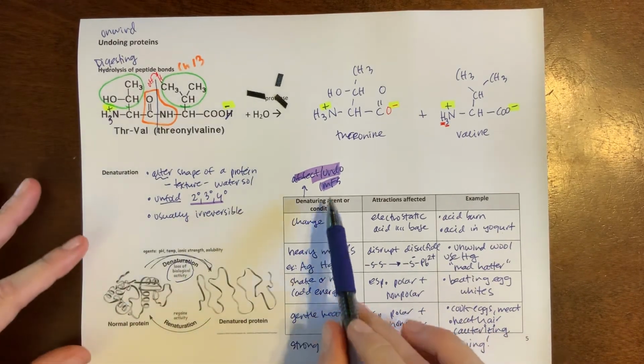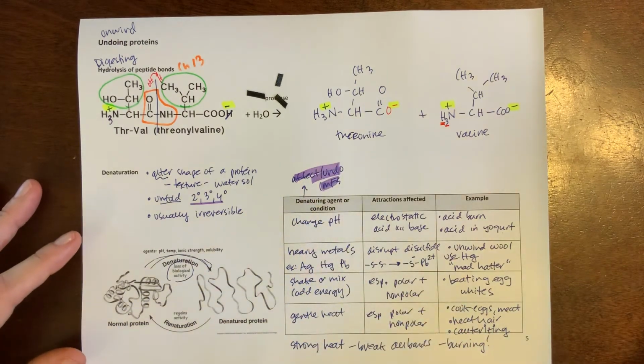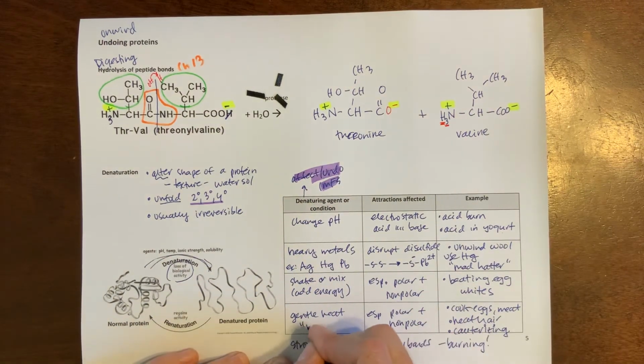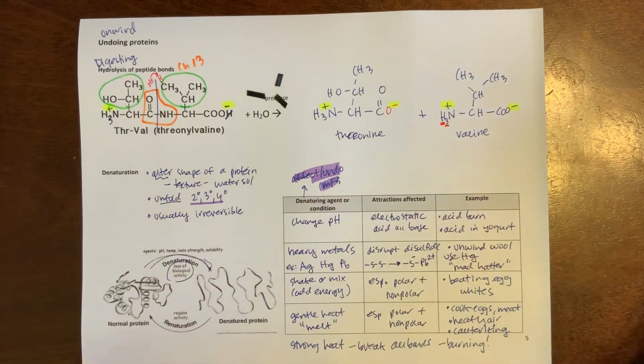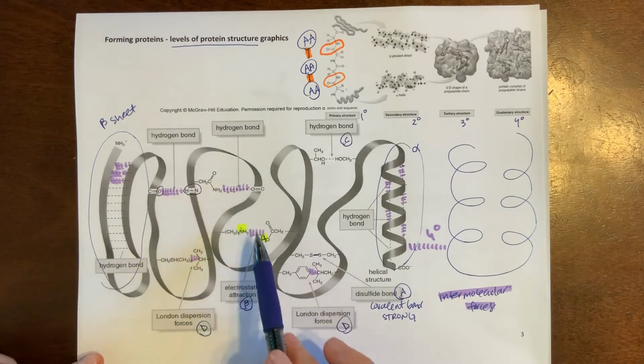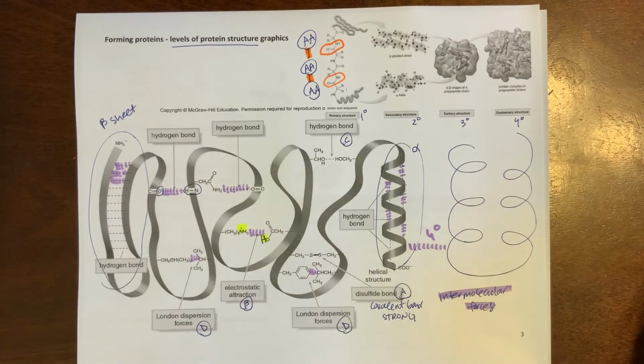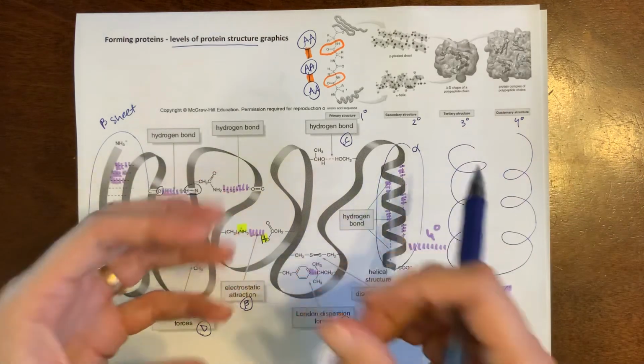And if you can remember that these are weak attractions, if you just heat them up a little bit, you're essentially going to melt all these attractions. So if you can imagine back to this page, if I just add some heat to all of these, you kind of melt it and you could straighten your hair out temporarily, then it'll go back to its shape.